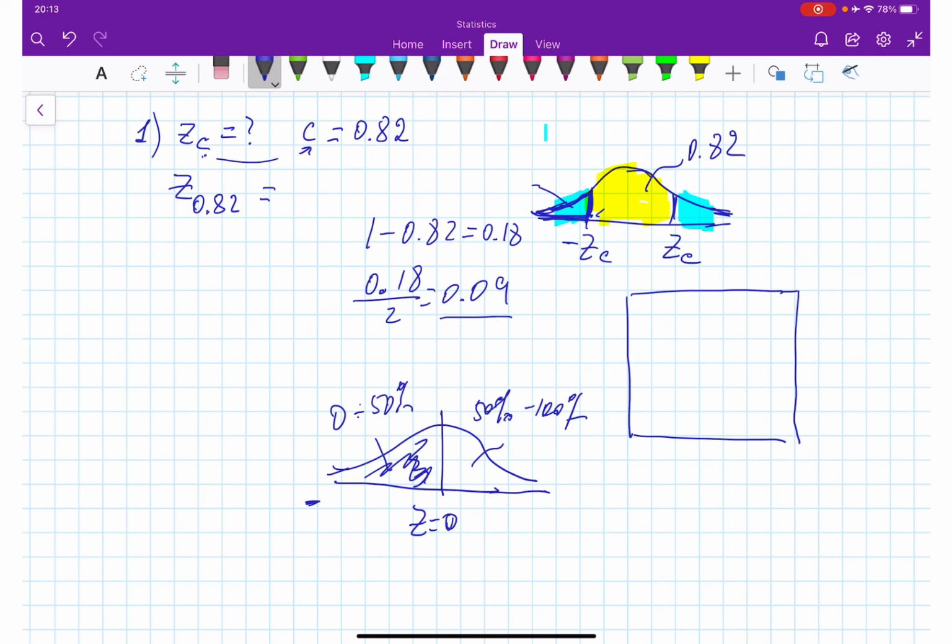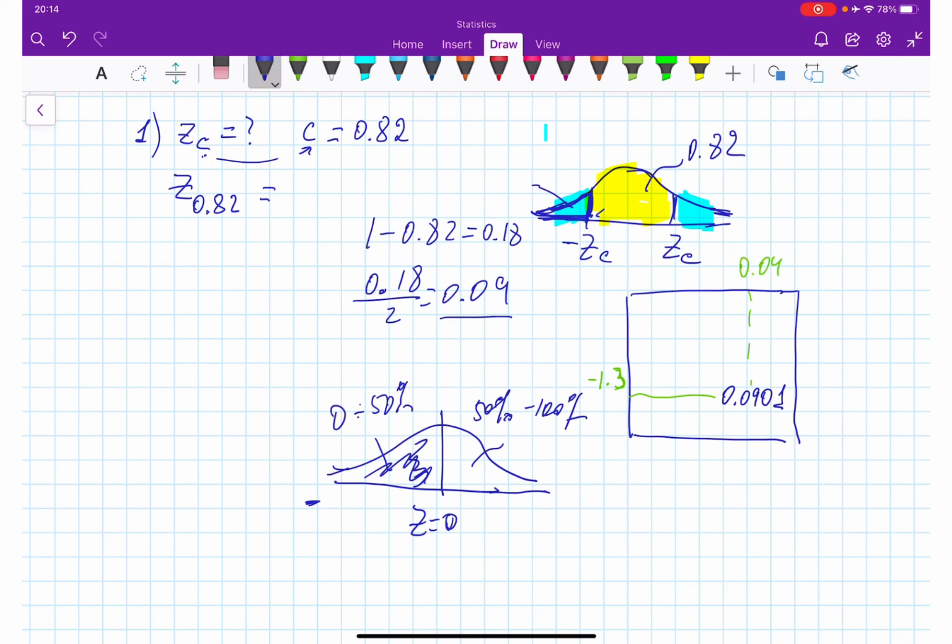Here I found 0.0901, so if you round it, it's 0.09. Coming to the left, it's negative 1.3, and going up, it's 0.04.